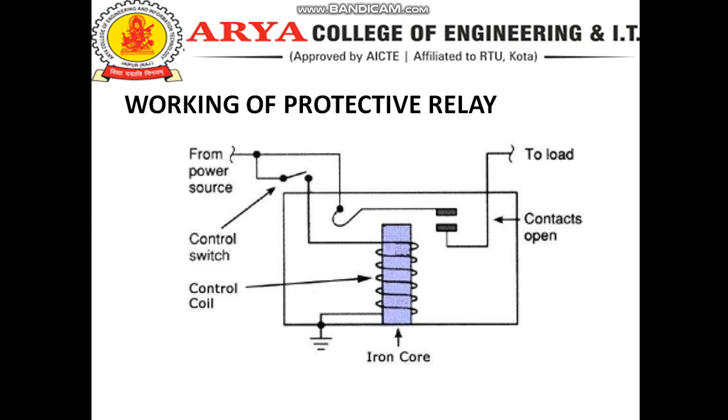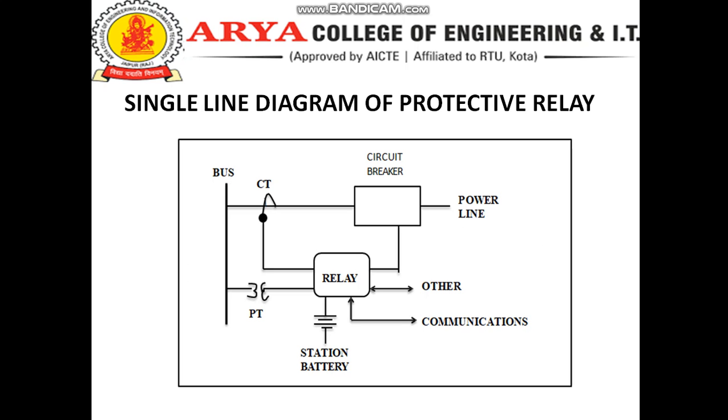Now, in this slide, we discuss the protective relay, where the diagram of the protective relay is shown here, that works on the electromagnetic attraction or electromagnetic induction principle. This is the single line diagram of a protective relay, where a relay is connected through the CT and PT.